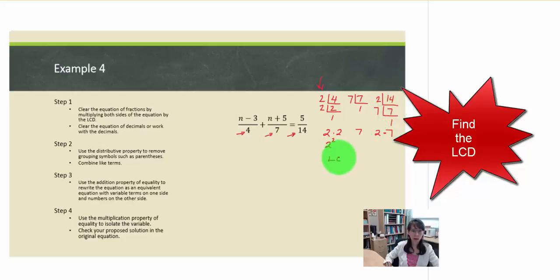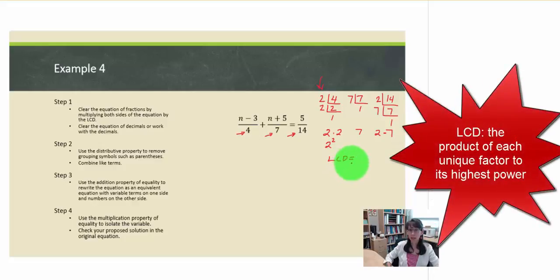So to build my lowest common denominator, that is the product of each unique factor to its highest power. So what I have to choose from is 2 squared, 7, and 2 times 7. So it looks like I have 2's and I have 7's. Now I want to go back and make sure I have the highest power accounted for.